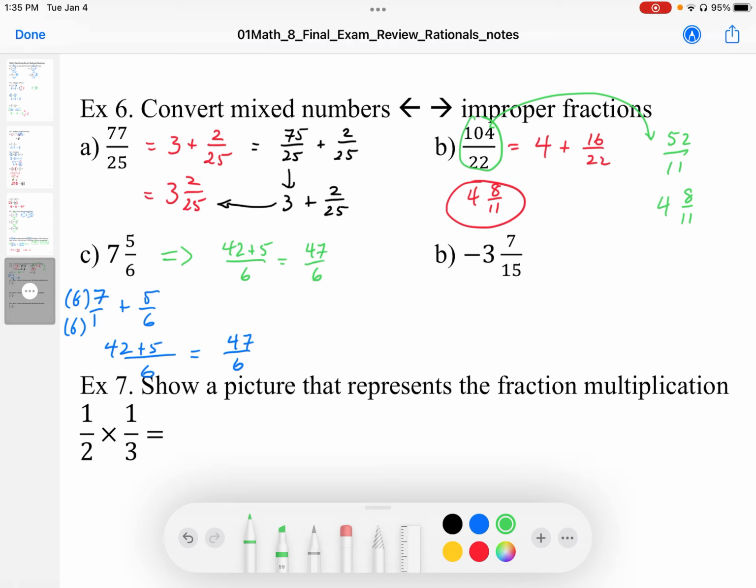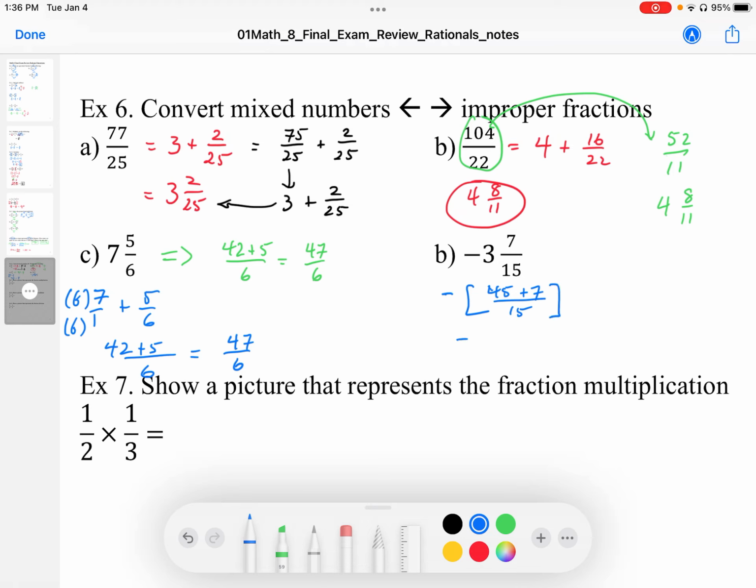Now we just have to be careful if we're going to use this quicker strategy. We don't want to multiply this and then add 7, because really that negative applies to the whole number. So when we do this, we should make sure that we separate the negative, and then we can do 45 plus 7 all over the common denominator of 15.